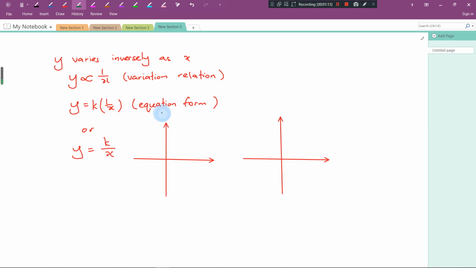If you want to draw the graph y against x for a reciprocal function, the graph will look like this. If the k is positive, the graph will look like this. If the k is negative, less than 0, this will be the case.